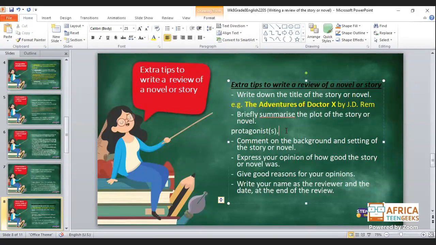So things you will need to include when you summarize the plot.